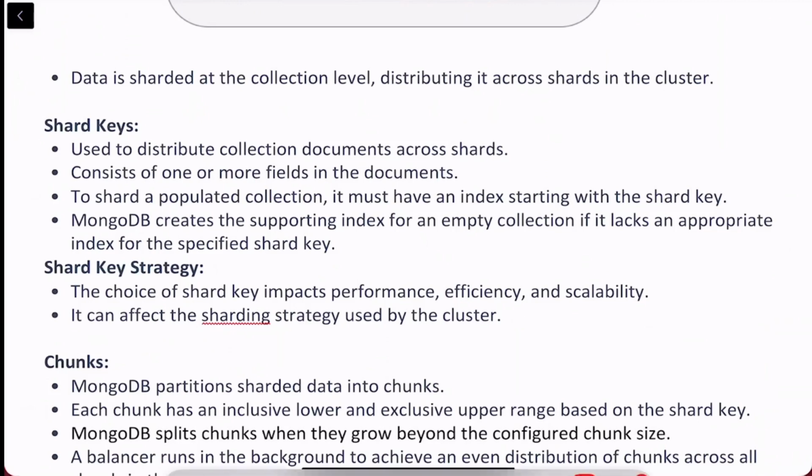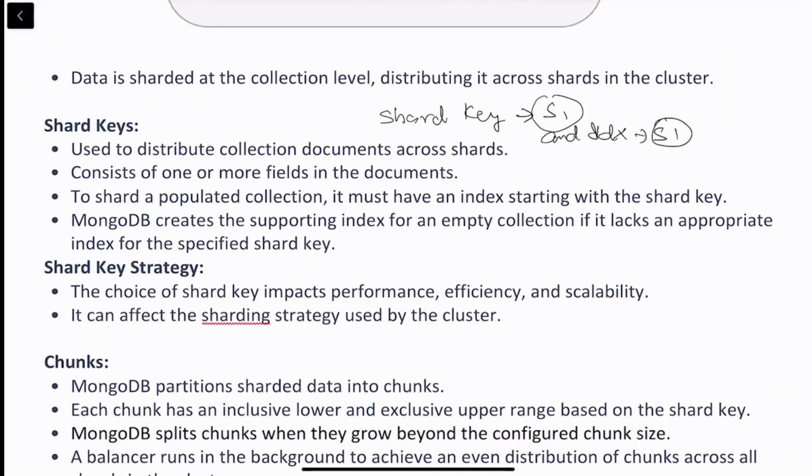So let's say I have a shard key S1 and I don't have an index, so there is no index starting from S1. What MongoDB will do is automatically create an index that starts with S1. Generally, the ID field is your shard key, and of course there is an index, as we had seen earlier, on the underscore ID field.